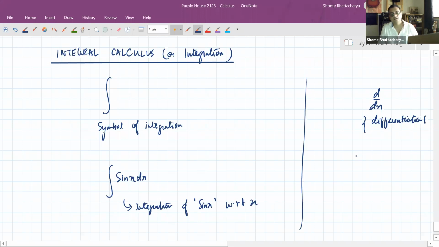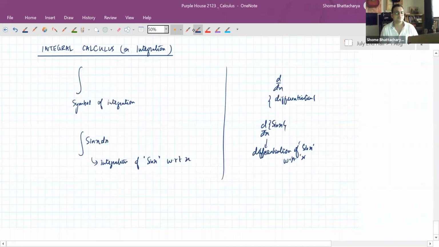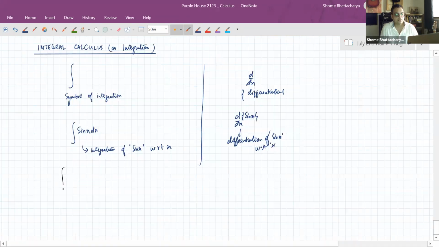Just like if we write d by dx of sin x, that means we are doing differentiation of sin x with respect to x. So like that here, it means integration. So the general symbol that we use for integration is like this: integration of any function f with respect to the variable x.